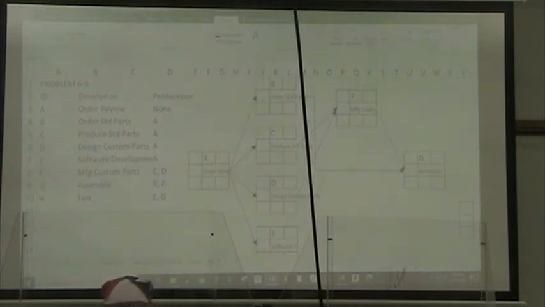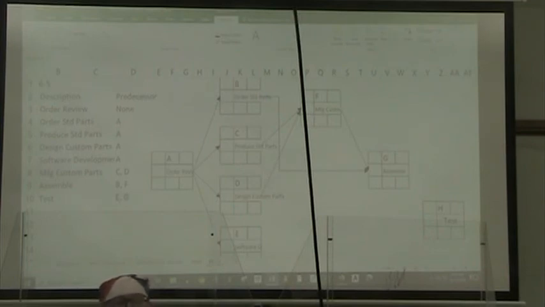Right, and then test, we have to have E and G, right? So those can both be straight arrows.